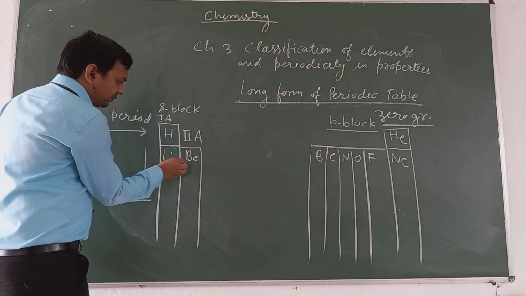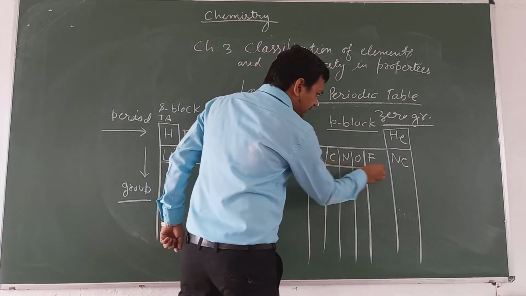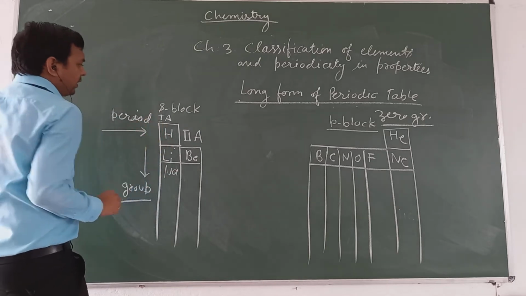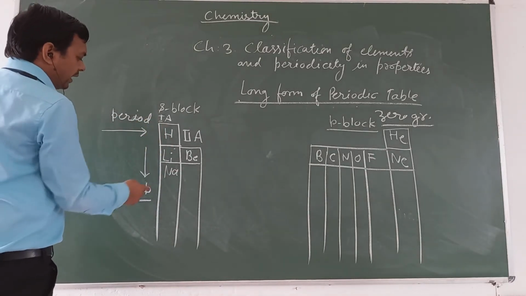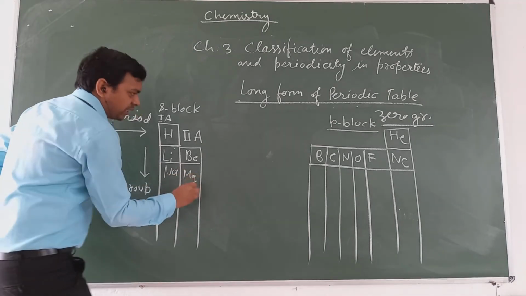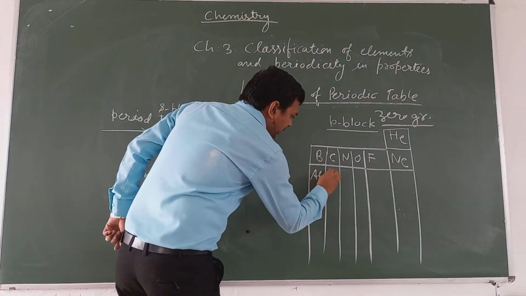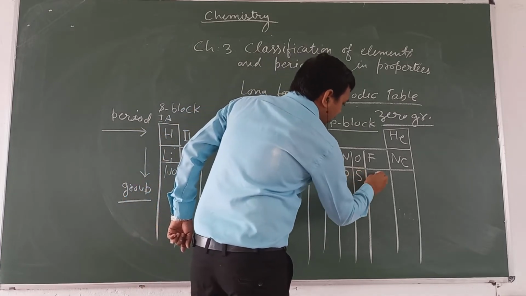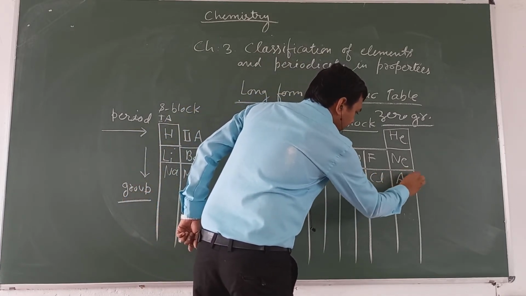After neon, the next elements have the s orbital, so they are s block elements: sodium, magnesium, aluminium, silicon, phosphorus, sulfur, chlorine and argon.